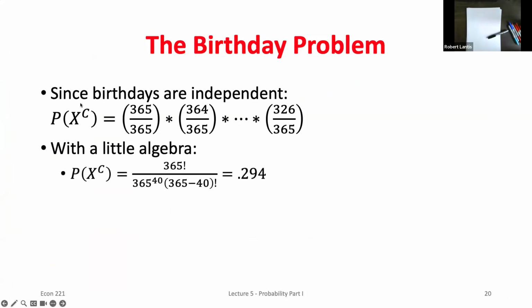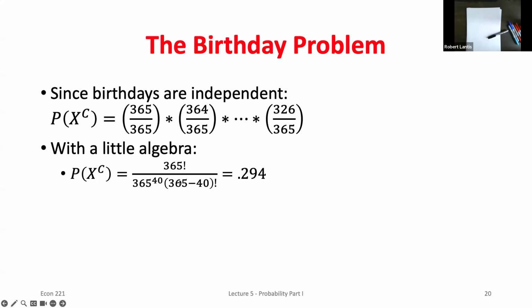If I rewrite that, I can write it like this. We haven't talked about factorials yet, but a good introduction is that you start with this value, 365, and multiply all the way down to the value of 1. So this is going to be a very large number. We'll talk about ways to deal with that.